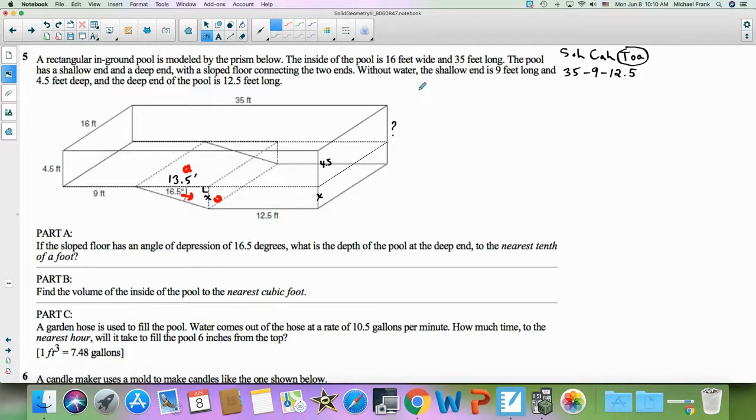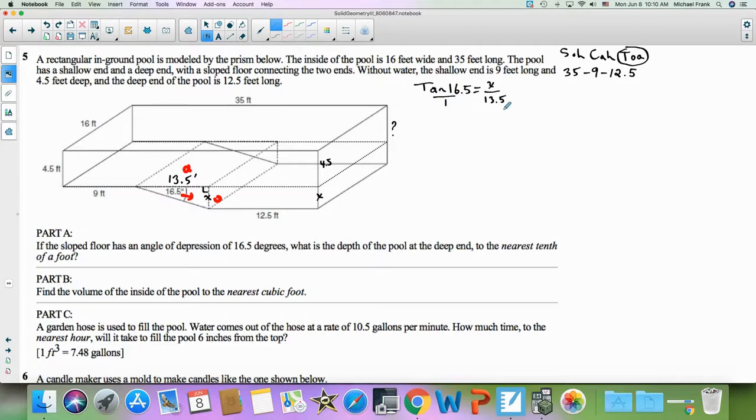So let's set that up over here. So we're going to have the tan of 16.5 degrees is equal to my O over my A, which is going to be my X over 13.5.